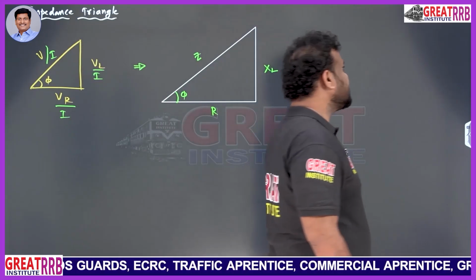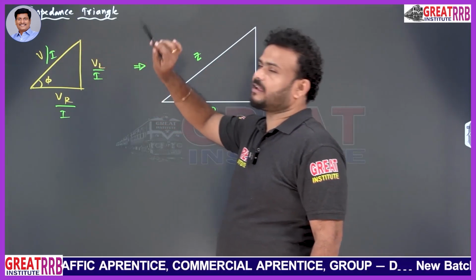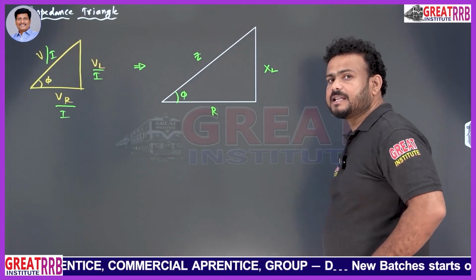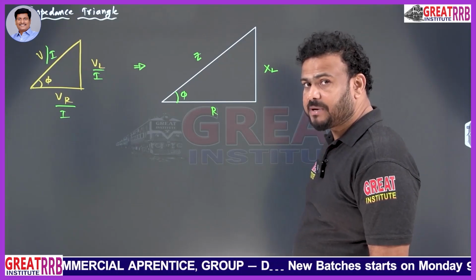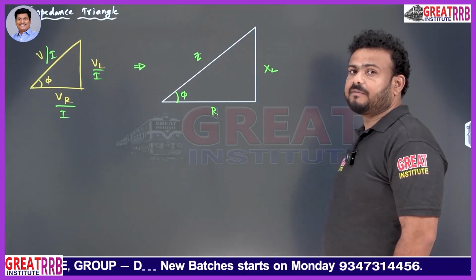Understand? And this right angle triangle is called the impedance triangle. Right?